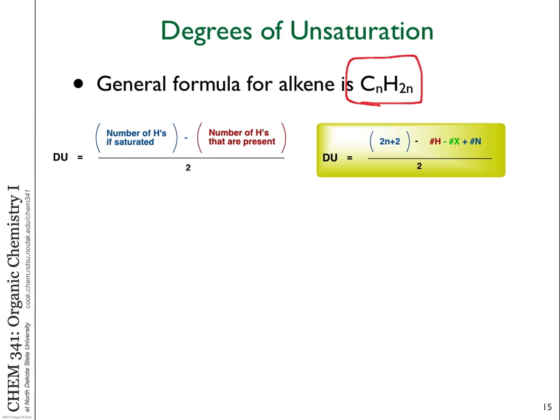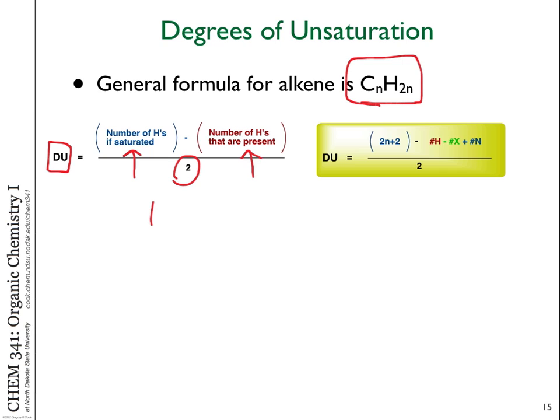Here you can see we define degrees of unsaturation as a simple formula. For the molecule, we take the number of hydrogens if the molecule were completely saturated, subtract the number of hydrogens that are actually present, and adjust that for other atoms, and divide by 2, because each time we form a pi bond or a ring, you have to take 2 hydrogens away.